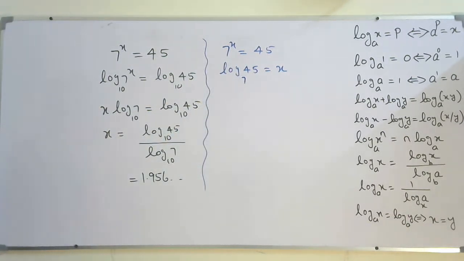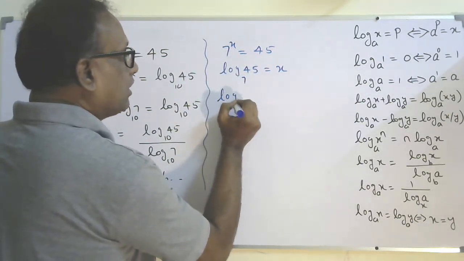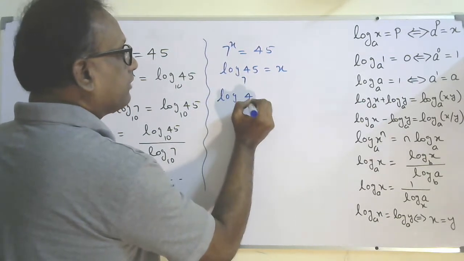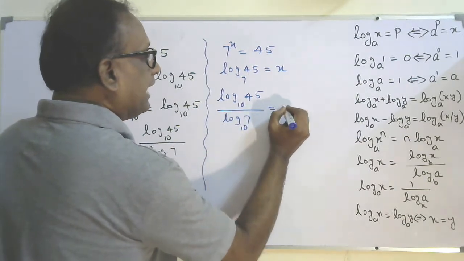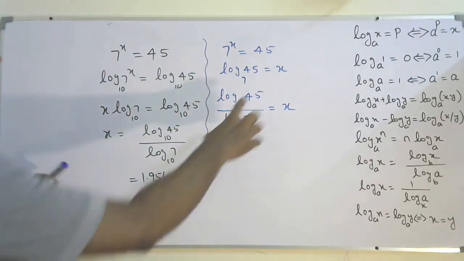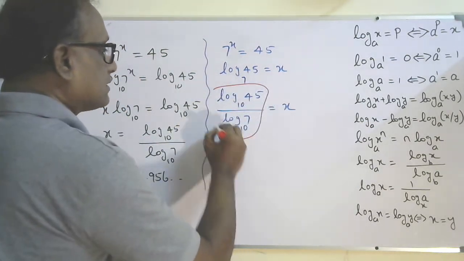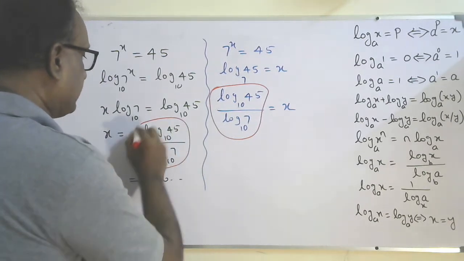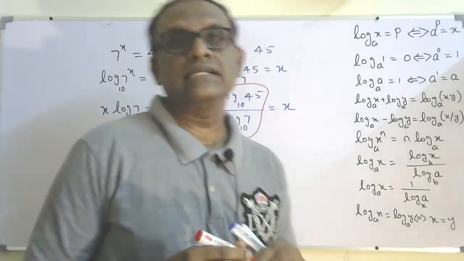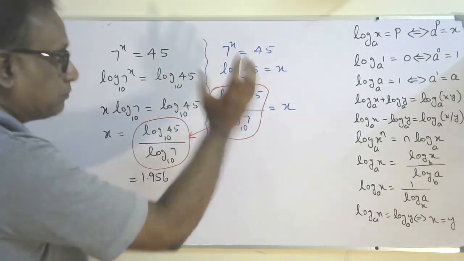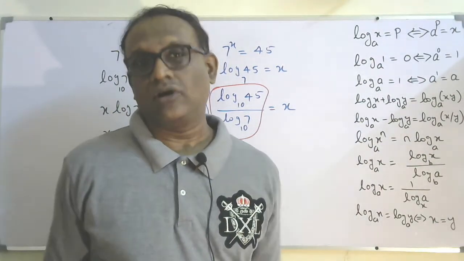Right, now convert this to base 10. That means log base 10 of 45 over log base 10 of 7 equals x. Now look here. This and this are exactly the same. So actually taking log on both sides means we are doing this operation, but it looks like multiplying both sides by log of 10, and that is a wrong idea.